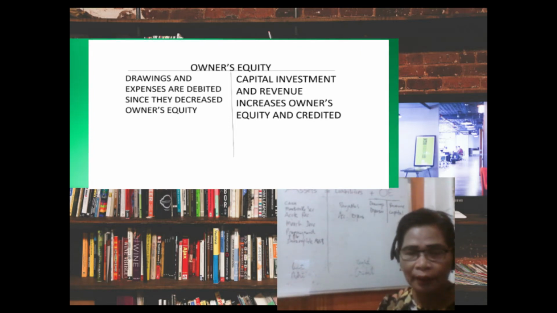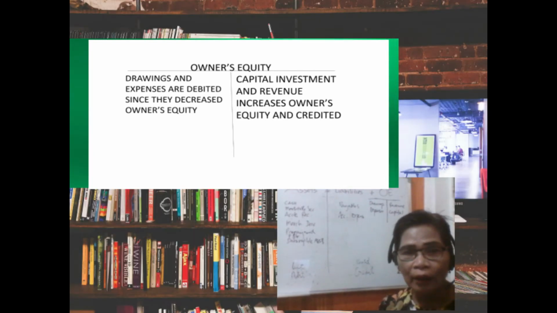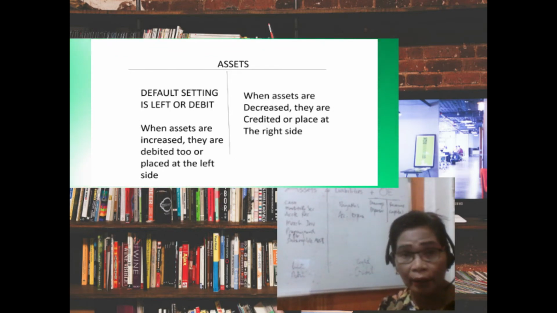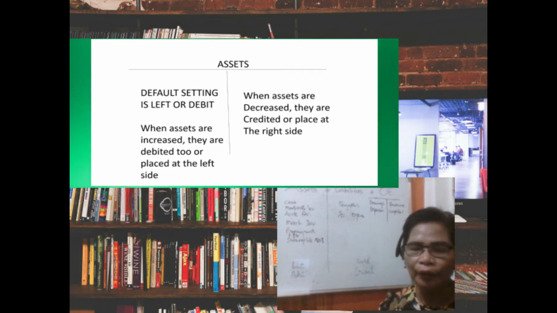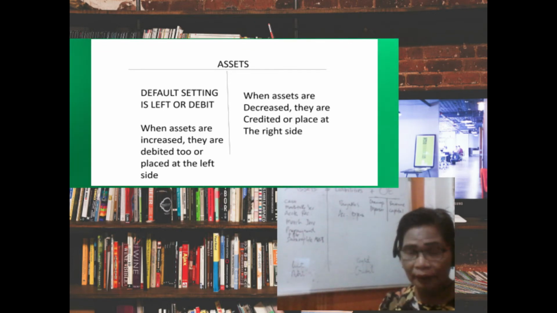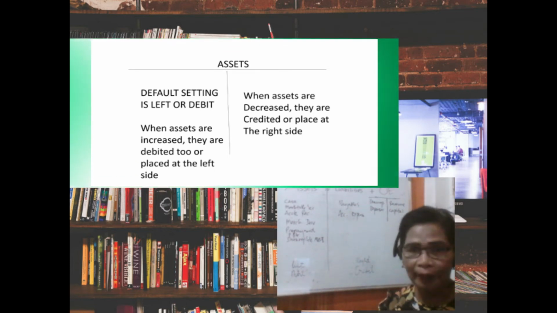For the owner's equity, those are the default settings and their placement on the business equation. For assets, if we talk about default setting, they are always placed at the left side. If they are increased, for example, in the acquisition of assets, they are placed at the left side.